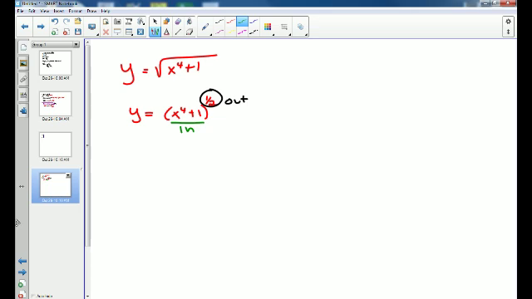Okay, derivative. Outside is an exponent, it's a power rule. There's your power rule. Now copy the inside. Times derivative of the inside.